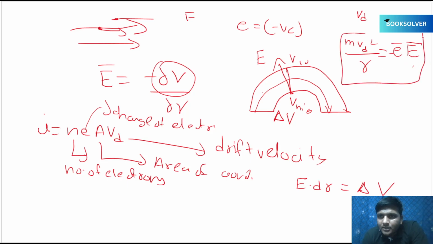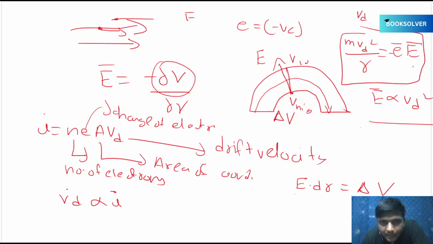If you consider this equation, we can see that E is proportional to Vd square. Also, we know that Vd is proportional to I here.